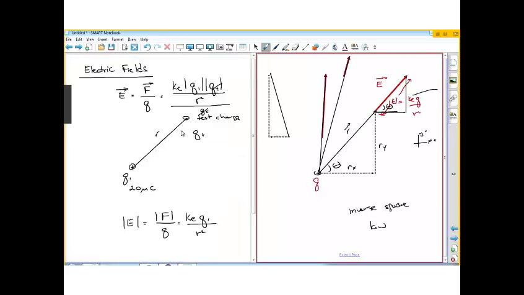The advantage is that once you calculate the electric field at this point, to calculate the force due to another charge that I bring in to this point, all I have to do is multiply the electric field by the charge that's going to interact with the fixed charge. So if this is 3 microcoulombs, I would multiply the electric field times 3 microcoulombs. If it's negative 10 microcoulombs, then I'd multiply the electric field by negative 10. And so it allows us to have more flexibility.